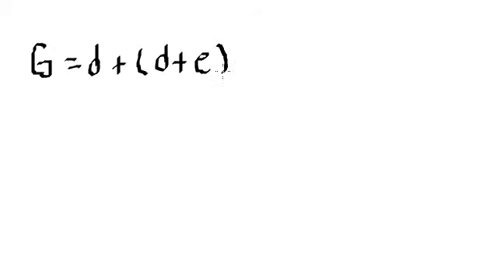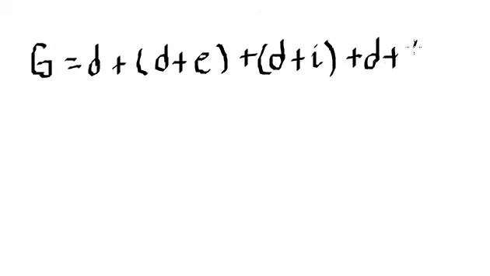Alright, let's look at another one here. So once again, I'm going to call it G is equal to D plus, and in parentheses, D plus E, then plus D plus I, in parentheses, and then D plus O. It's not a 0, that's an O. We're going to put some parentheses around that also.